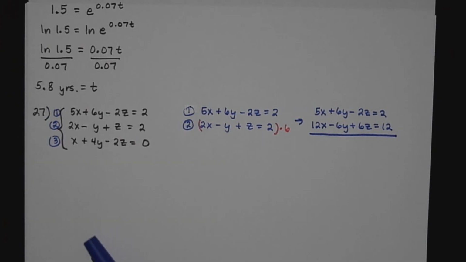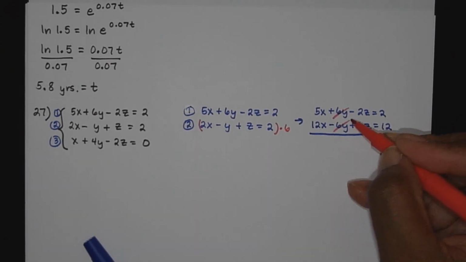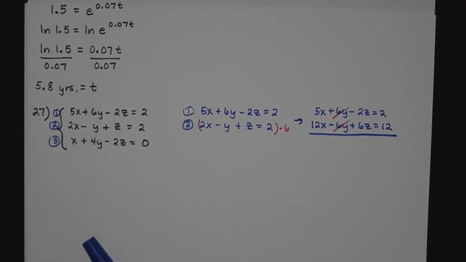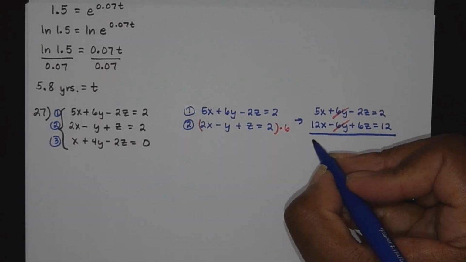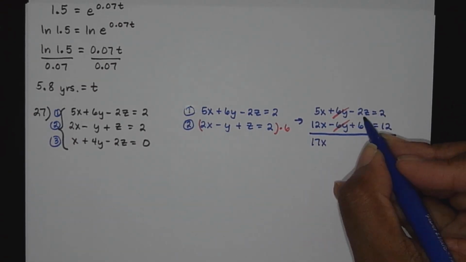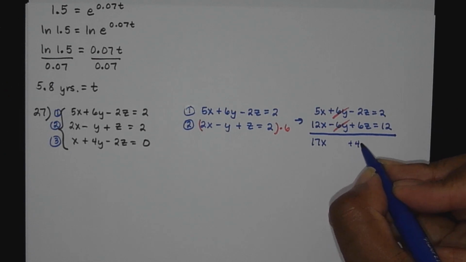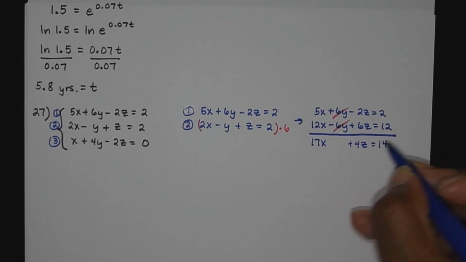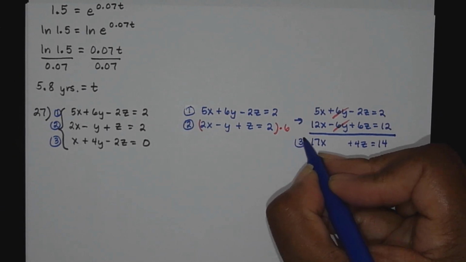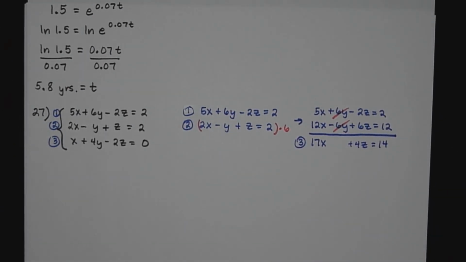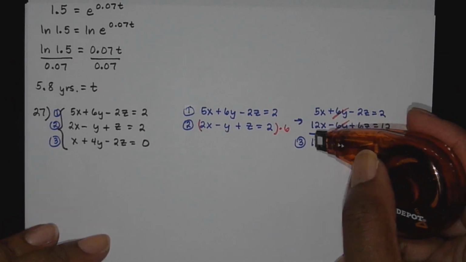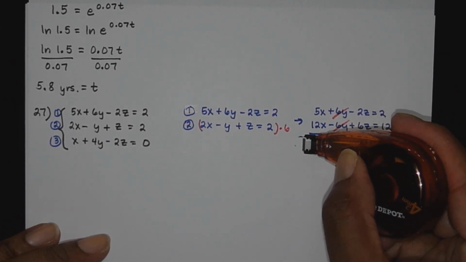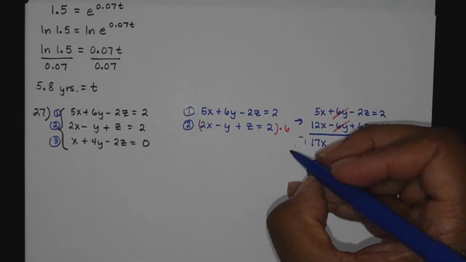So here the 6y's are eliminated. So one equation I have would be 5 plus 12x is 17x, minus 2x plus 6z will be a plus 4z, equaling 2 plus 12, which is 14. This will be equation 4, because I already got equation 3.